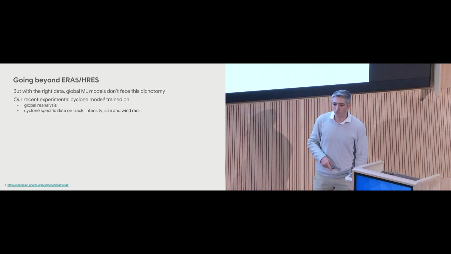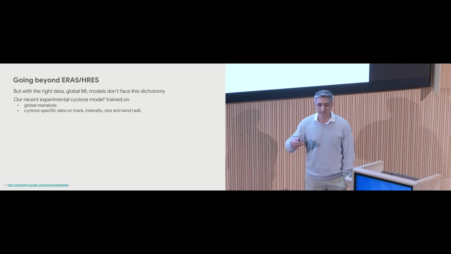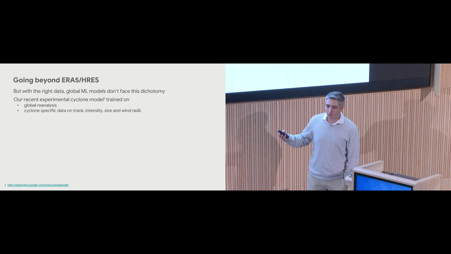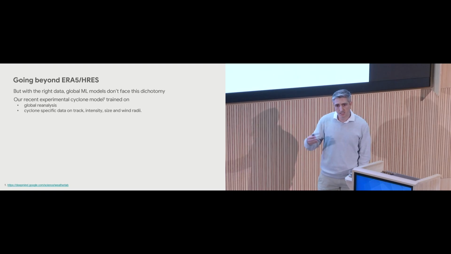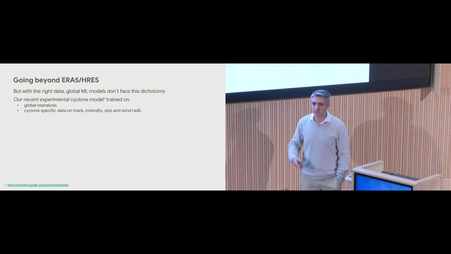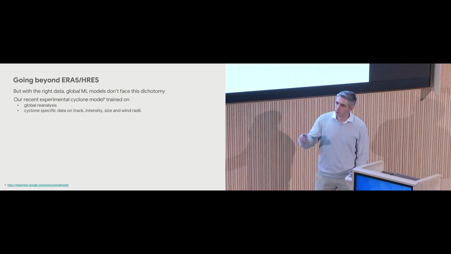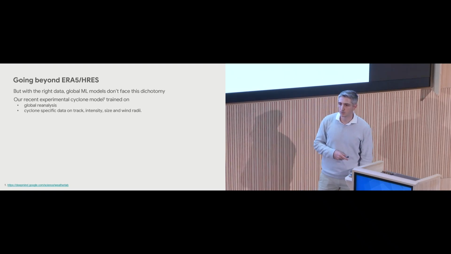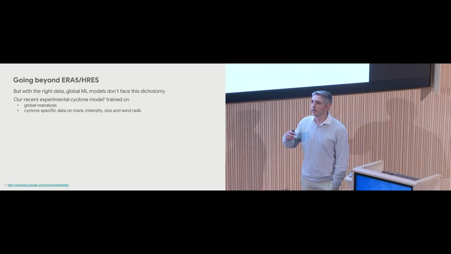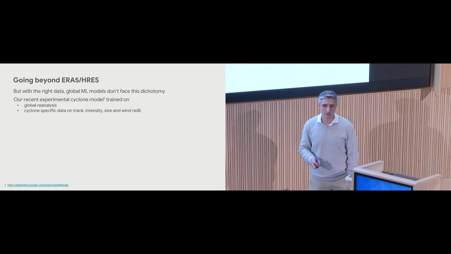And as a case study, as existence proof of this, I want to show you our recent experimental cyclone model. This is a model which is state-of-the-art in weather prediction as well. It's as good as FGN, but it's trained both on global reanalysis data and on cyclone-specific data, which captures track, intensity, and structure of cyclones.